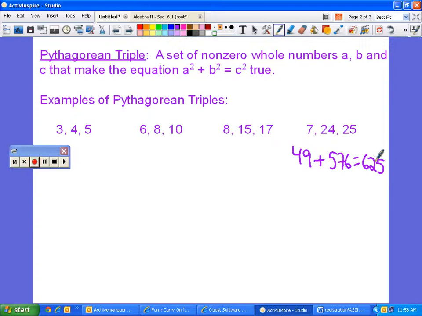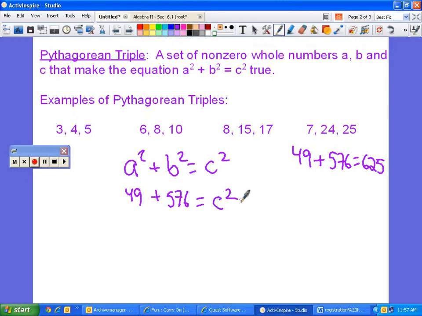Yes, sir? What do you do after 625? What do you mean? You said the hypotenuse is 25. Right. That's 25 squared. The Pythagorean theorem is a squared plus b squared equals c squared. So if I tell you that these are the lengths of 2 of the sides of the triangle, I do 7 squared, which is 49, plus 24 squared, which is 576.